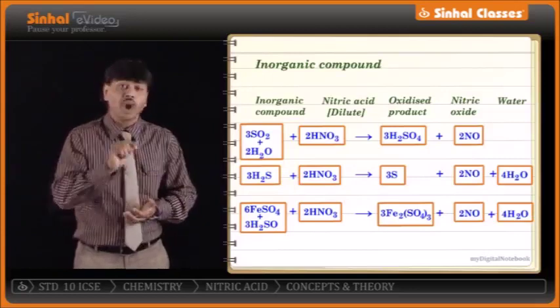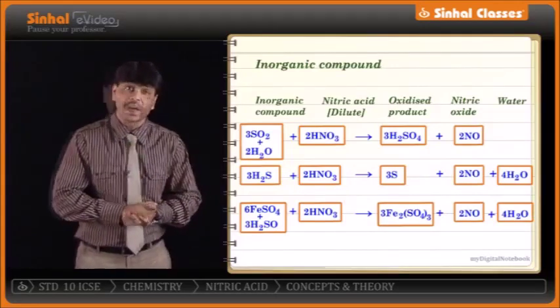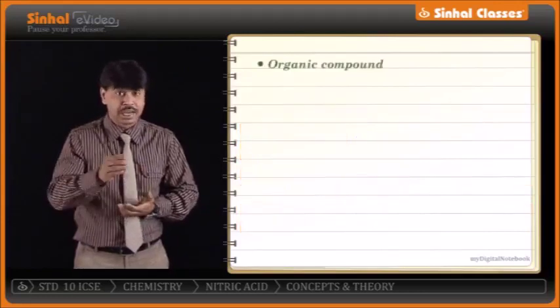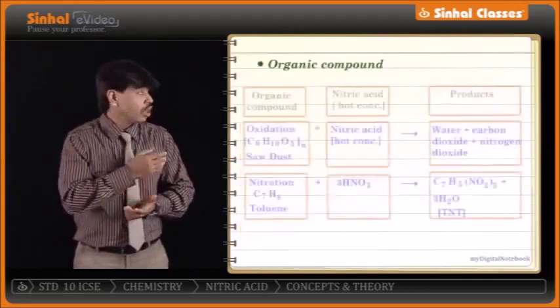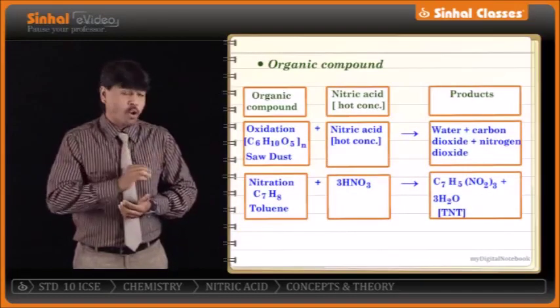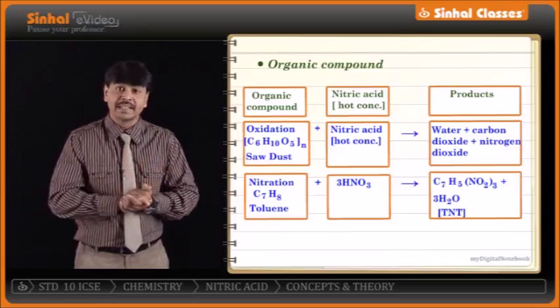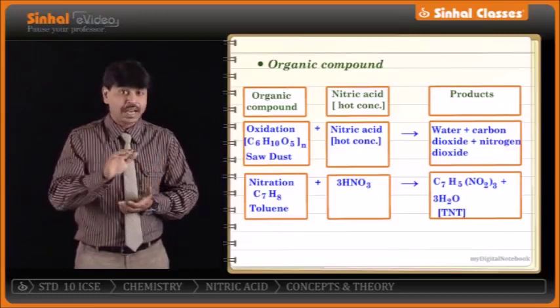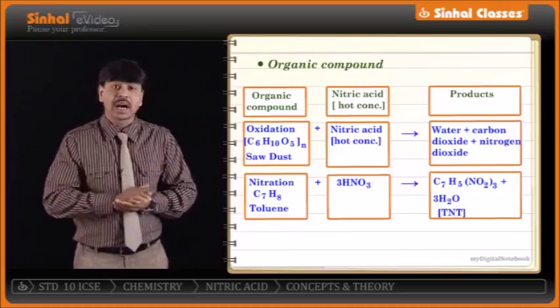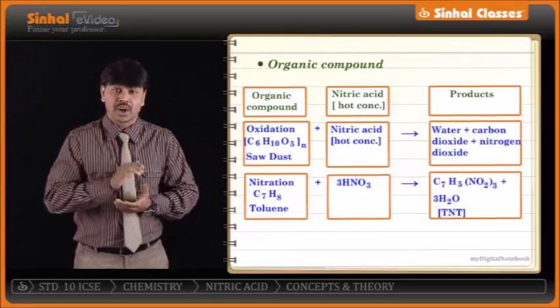In a similar manner, hot and concentrated nitric acid can also oxidize organic compounds like sawdust. Sawdust has a formula of (C6H10O5)n. It oxidizes sawdust to give you water, carbon dioxide, and nitrogen dioxide.